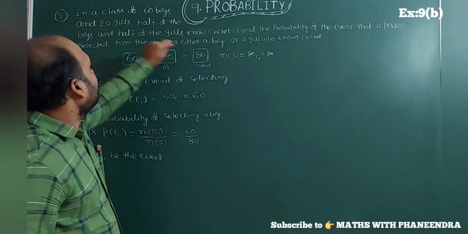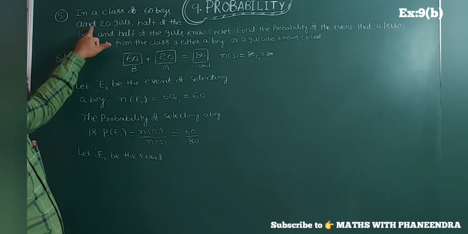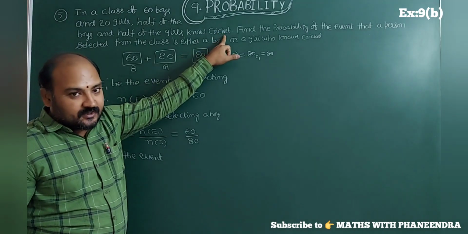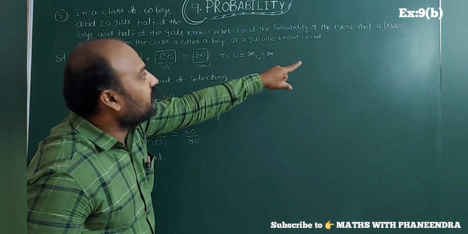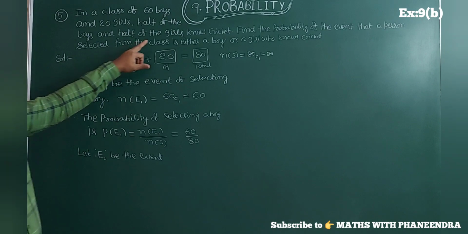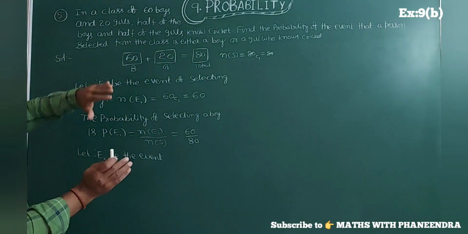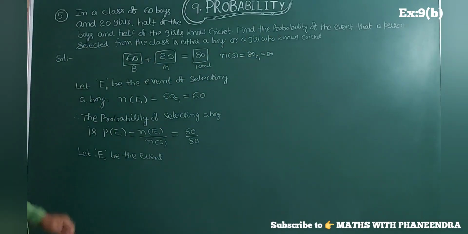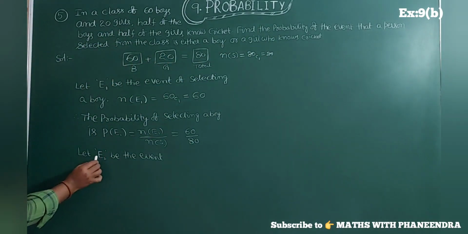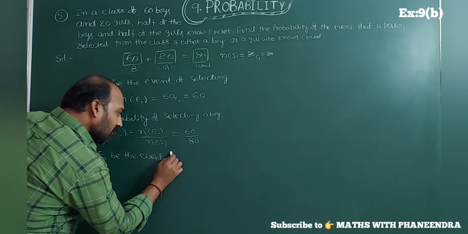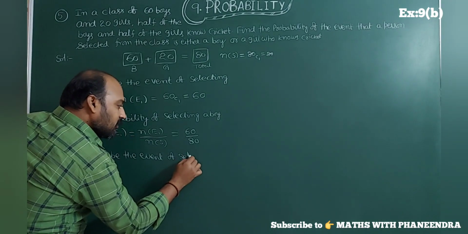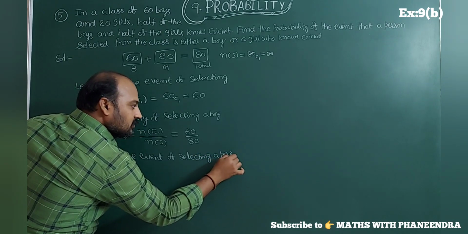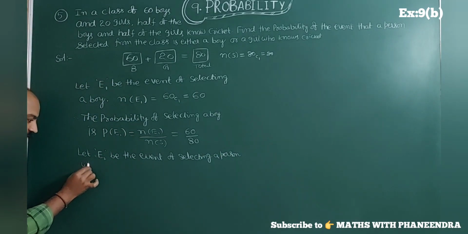See here. In a class of 60 boys and 20 girls, half of the boys and half of the girls know cricket. Find the probability of the event that a person selected from the class is either a boy, selection completed, or a girl who knows cricket. Let E2 be the event of selecting a person who knows cricket.